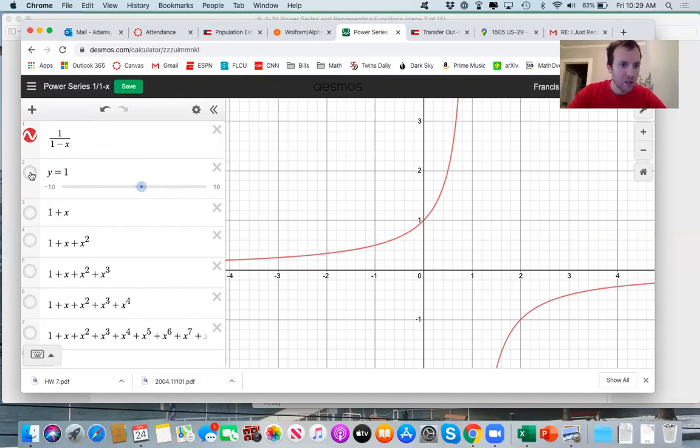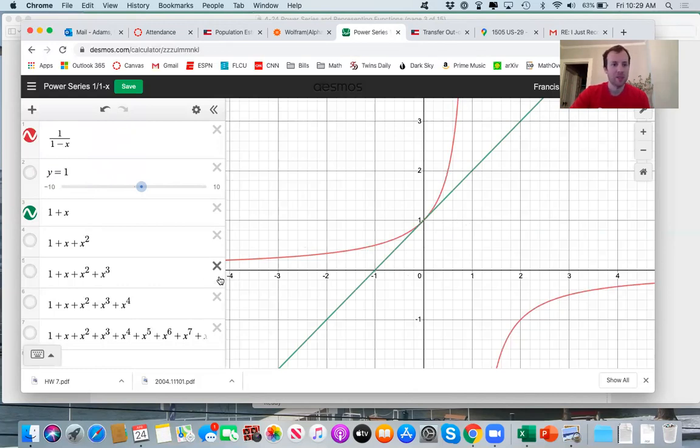If we start looking at those, y equals 1 is not actually that good. 1 plus x is all right. So you can check this, 1 plus x is the tangent line to the function at x equals 0. So if you took the derivative of this and found the equation of the tangent line at 0, 1 plus x is what you would get.